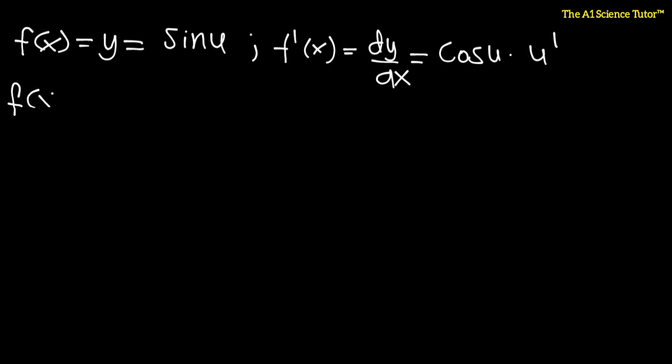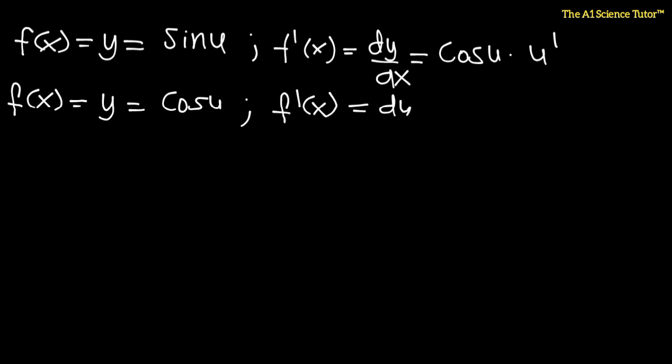How about this one? Cosine u. So this should be dy dx. That will be equal to sine of u multiplied by u prime. That is the derivative of cosine u.